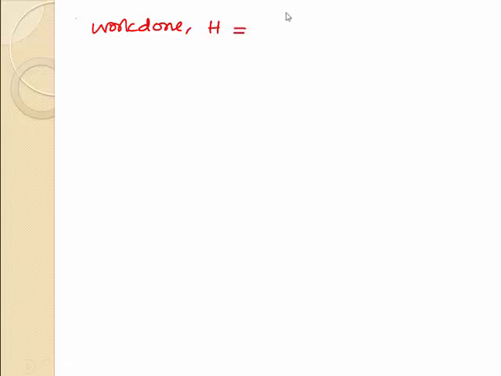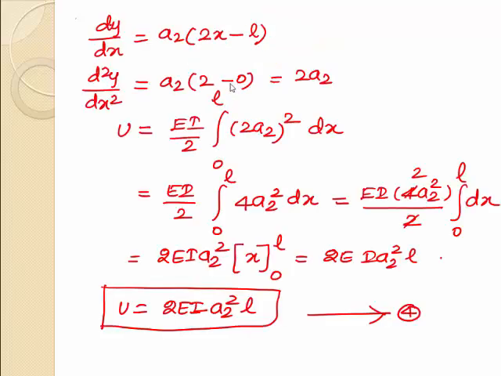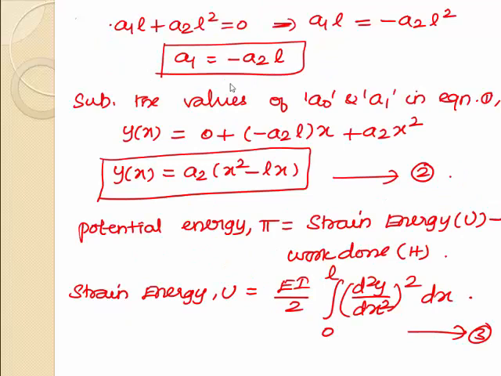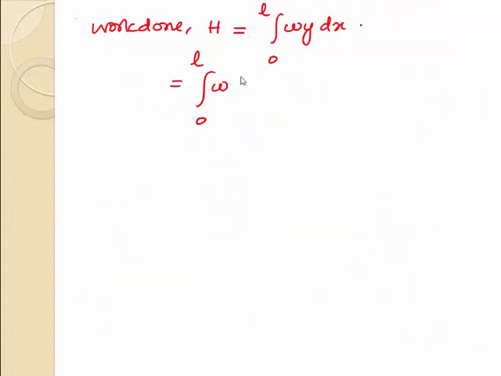H formula is known to be integral 0 to L W y dx. Okay. So integral 0 to L W into y value, as the trial function a2 x square minus lx dx.